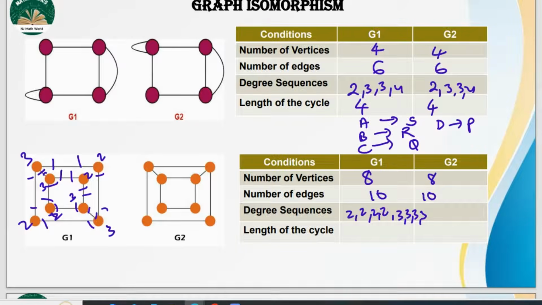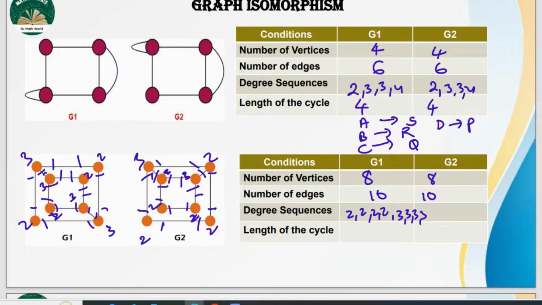Then if you take the next one, it is 1, 2, 3, 1, 2, 3. Then 1, 2. It is 1, 2, 1, 2, 3. Then 1, 2. Then 1, 2. Then again 1, 2. Here it is 2. Then 1, 2. It is 2. So here how many 2s? 1, 2, 3, 4, 5. 5 twos.